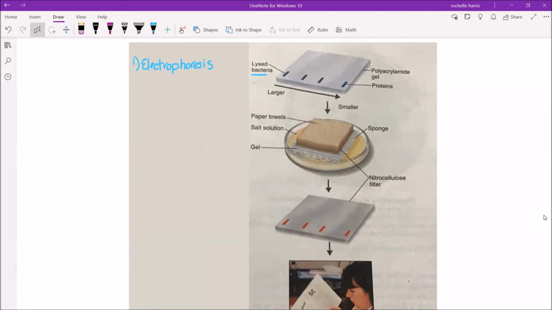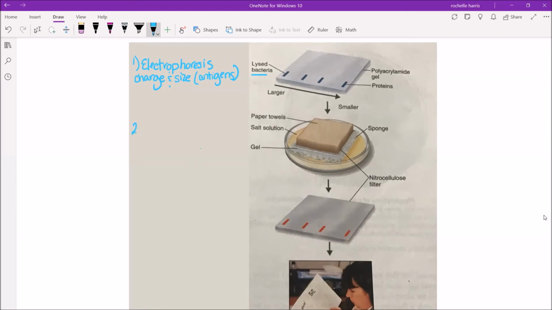Based on the charge and the size, it will be determined where we will see the pieces of the bacteria, or specifically proteins, or even more specifically the antigens, where they will land within the gel.